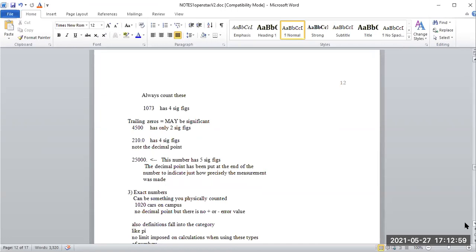Look at your second number there, 210.0. It has a decimal point, and whatever I'm measuring, whether it be centimeters or grams, because there is a decimal point in the number and there is another digit after that, I am going to assume that there are 4 sig figs.